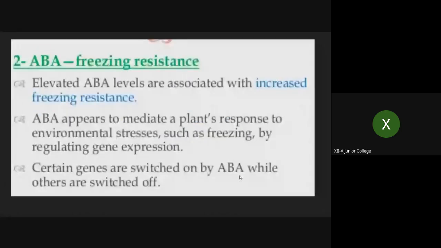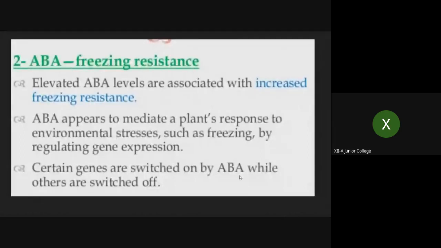And freezing resistance: ABA levels are associated with increased freezing resistance. It appears to mediate the plant's response to environmental stress such as freezing by regulating gene expression. Certain genes are switched on by ABA while others are switched off.